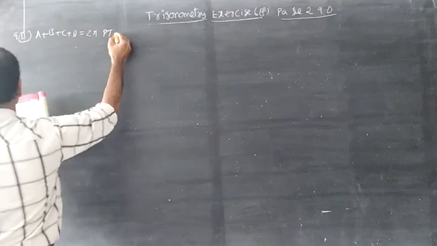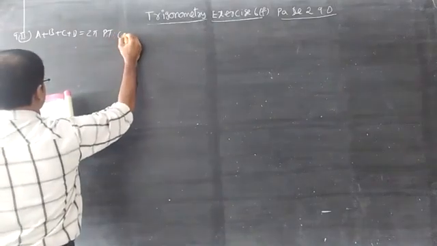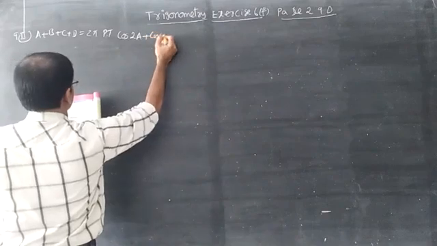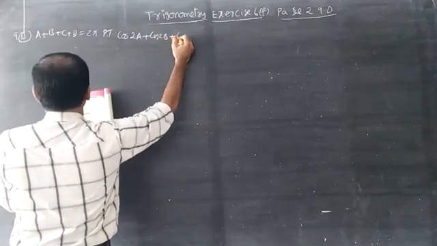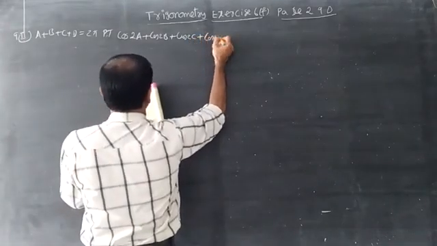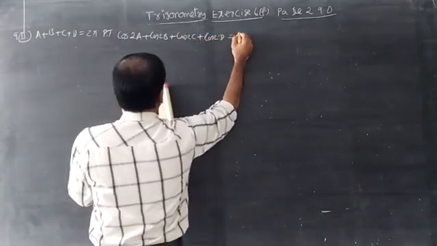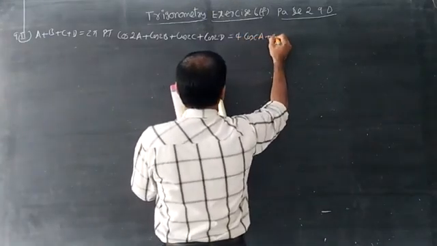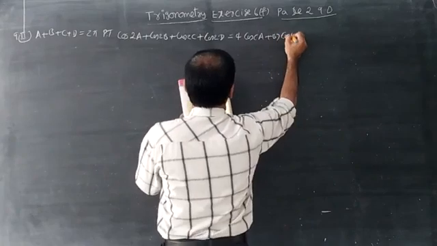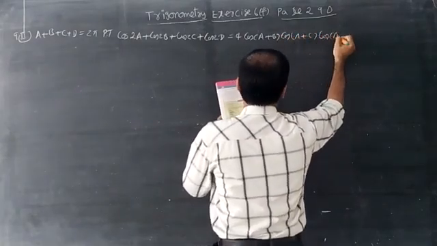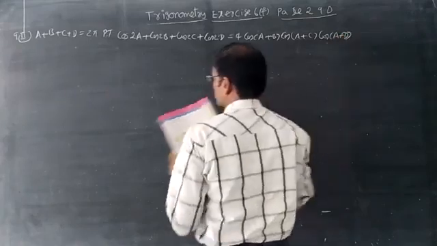Prove that cos 2a plus cos 2b plus cos 2c plus cos 2d is equal to 4 cos of a plus b into cos of a plus c into cos of a plus d.